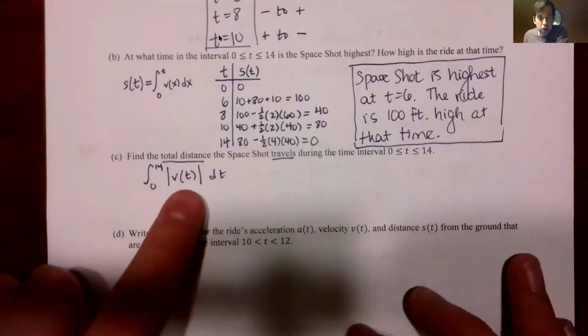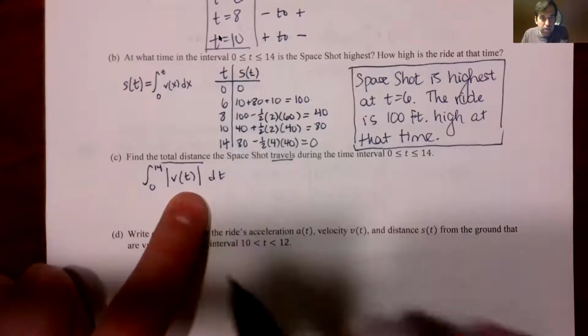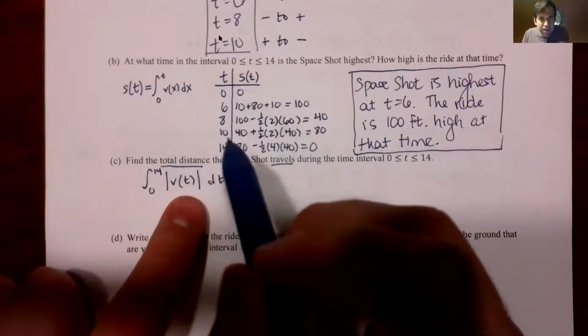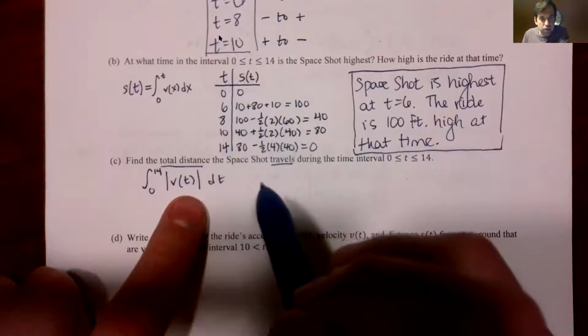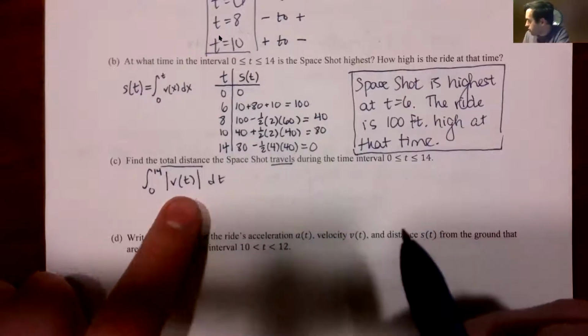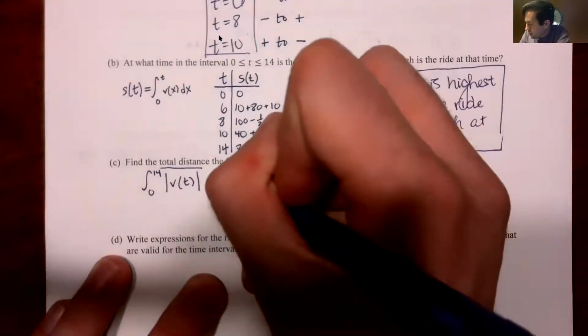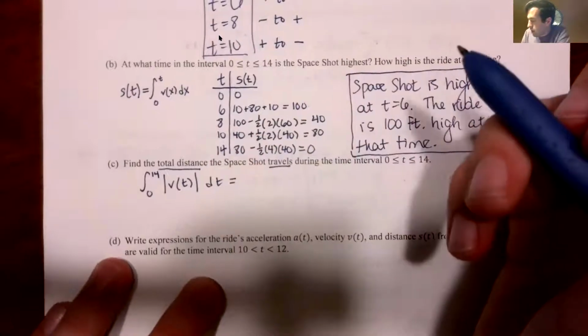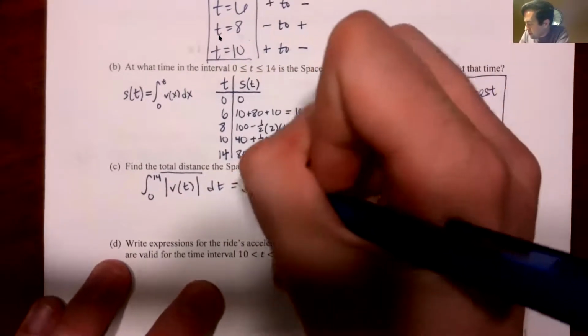And another way of thinking of this is splitting this into chunks based off of our critical numbers. Every time that the velocity equaled 0, we're going to split into a separate chunk. And so I'm going to split this, and we're going to go from 0 to 6.